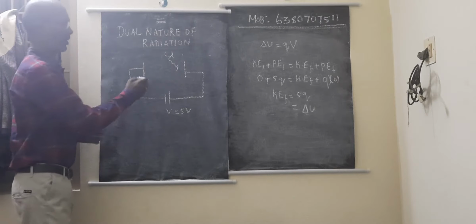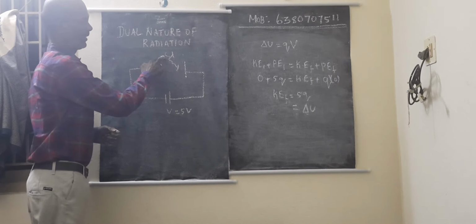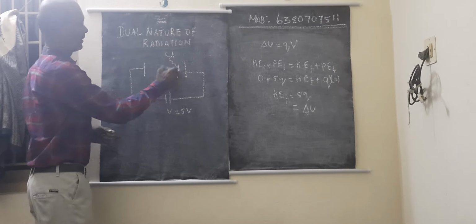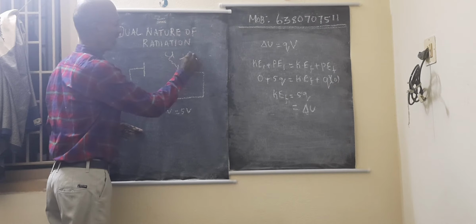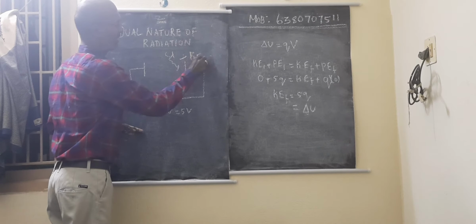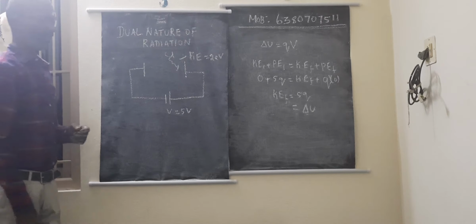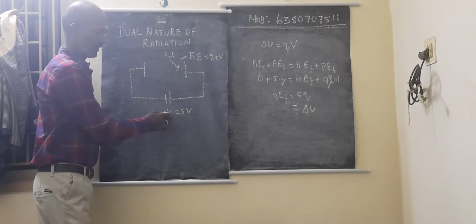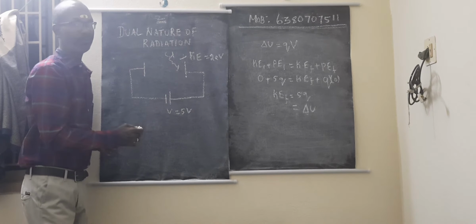See here, this is a positive and negative plate and light is incident on this plate. An electron is removed, and suppose it has a maximum kinetic energy of 2 electron volt. Here the energy supplied is 5 electron volt.